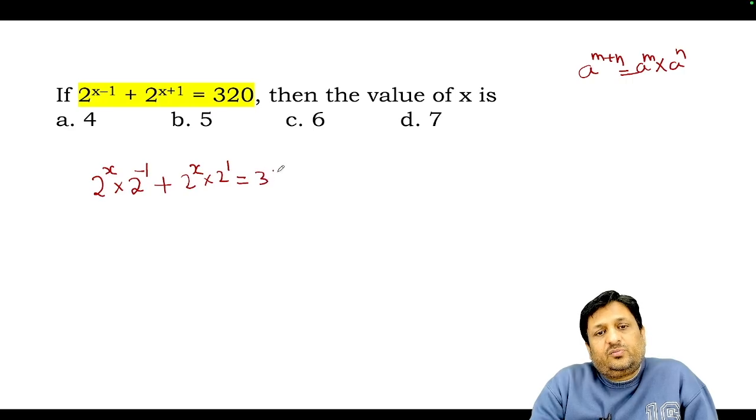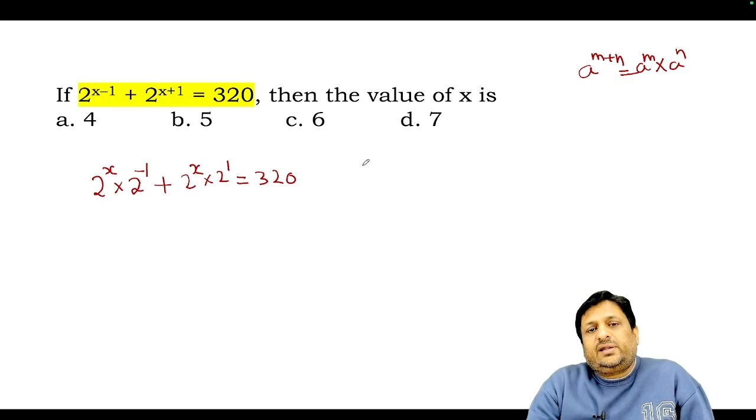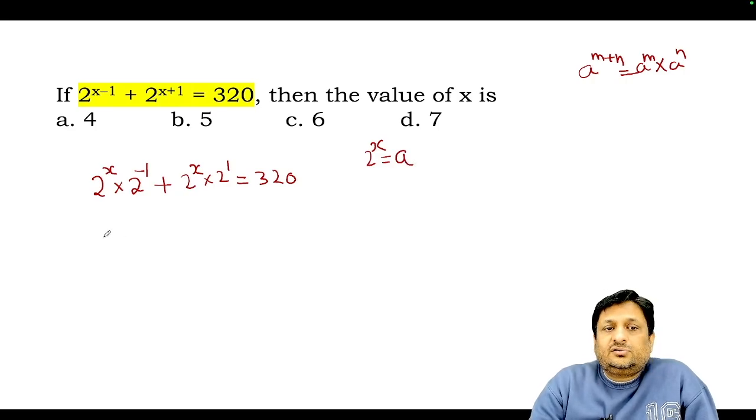Finally, the right hand side is 320. So can I replace 2 raised to the power x with any variable? Let me replace it with a. So this will give me a by 2 plus 2a, which is 320.